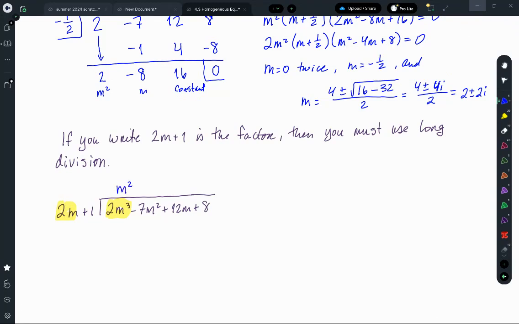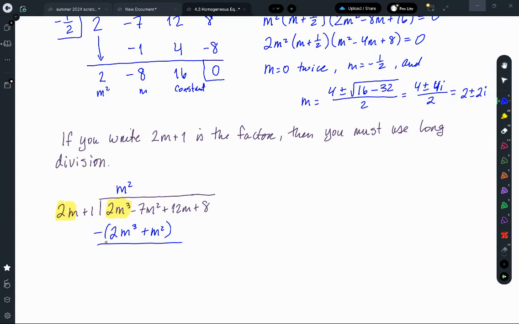Well, that would be m squared. And that would take the m squared and multiply it through the 2m plus 1. That would give me a 2m cubed plus m squared. And then I would subtract that from the above polynomial.